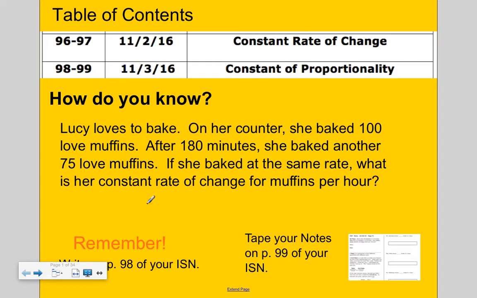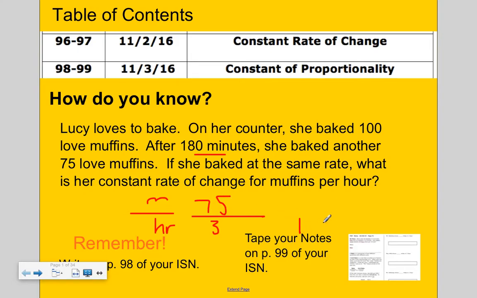So let's see. This is about muffins and hour. That's what they're asking. Find a rate of change, the change of muffins per hour. So 180 minutes. Is there an equivalent time for 180 minutes? Let's think. I know an hour is 60 minutes, 2 hours 120 minutes. Okay, 3 hours is 180 minutes. So she is able to bake 75 muffins in 3 hours.